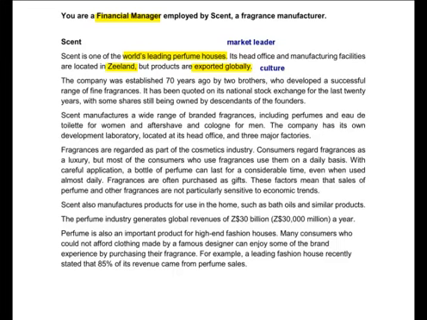For example, the perfume and fragrance industry, you could argue, is quite a highly sexualized product, particularly in the UK and in the US.